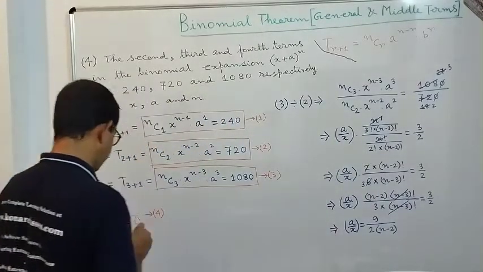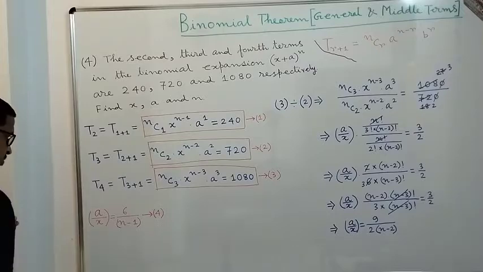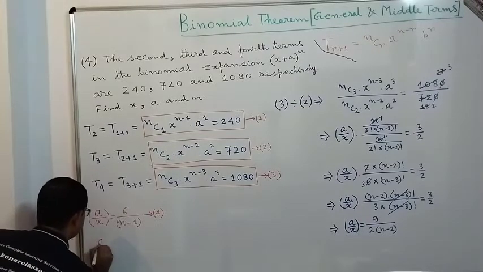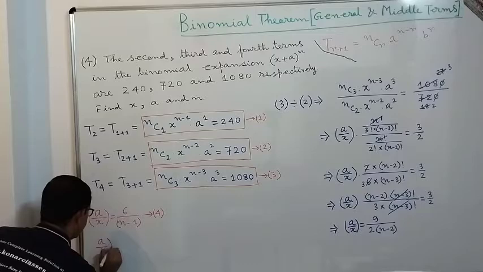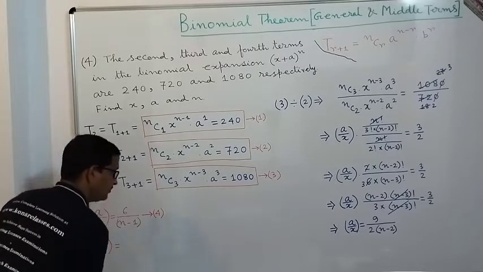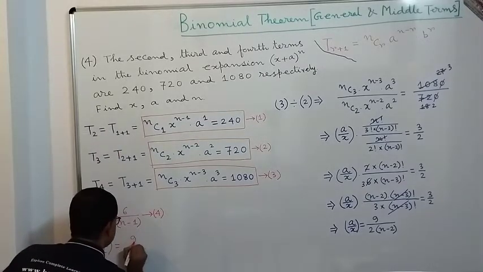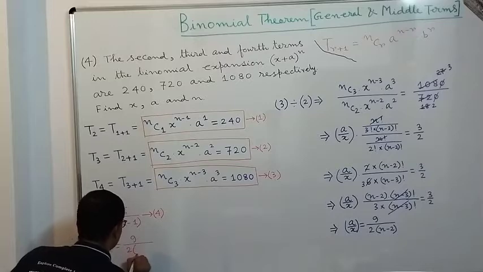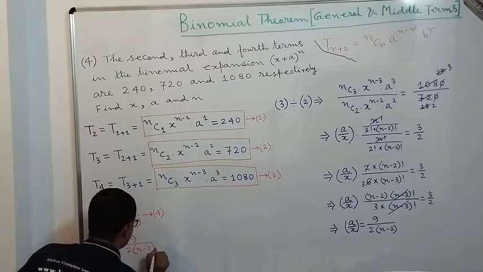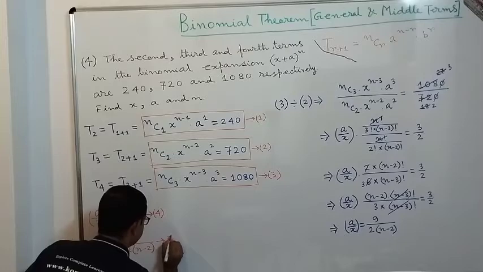So let me write it here, dear students. We get a by x is equal to 9 by 2 into n minus 2. We give that as equation number 5.